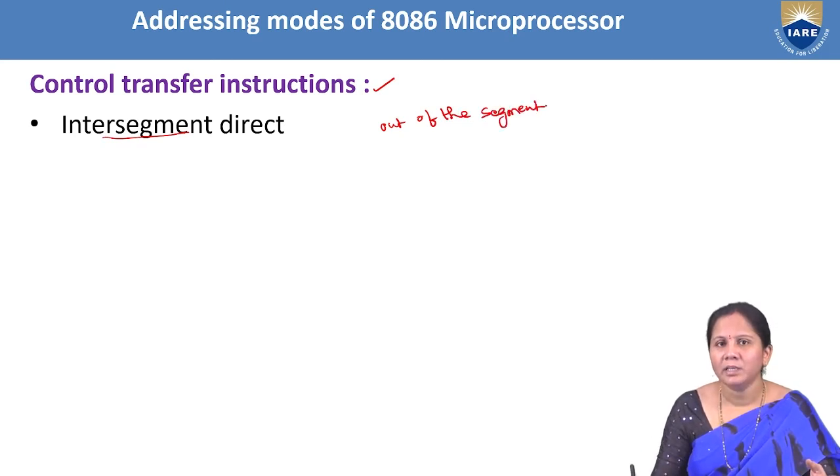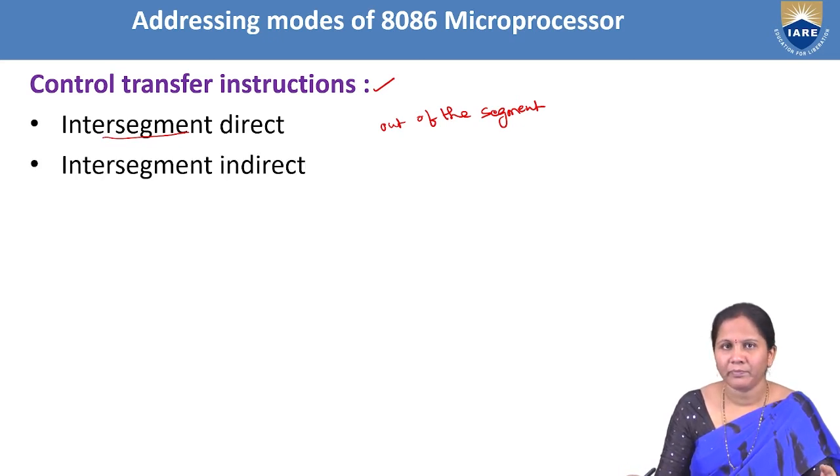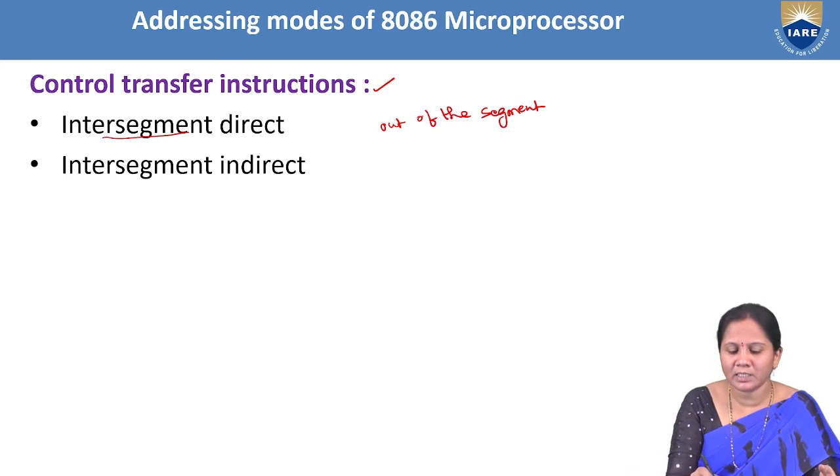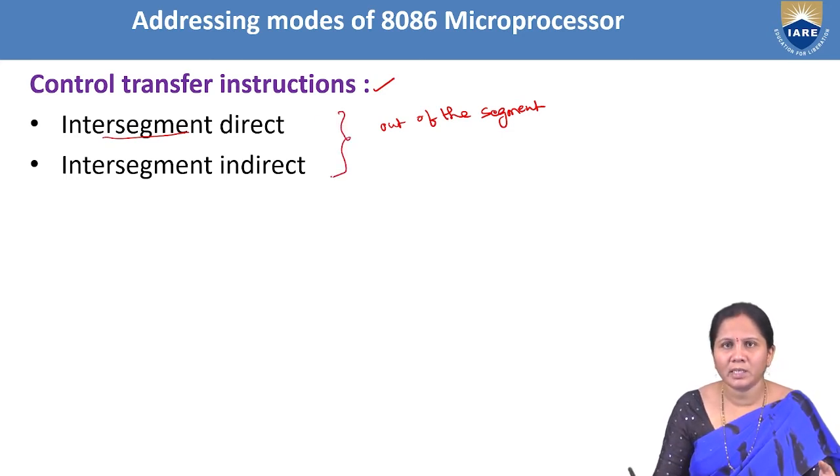That means the predefined address you are specifying in the instruction will be present in another segment. In intersegment addressing modes, you have two categories: intersegment direct and intersegment indirect.